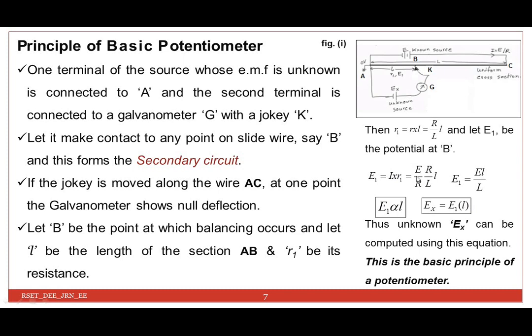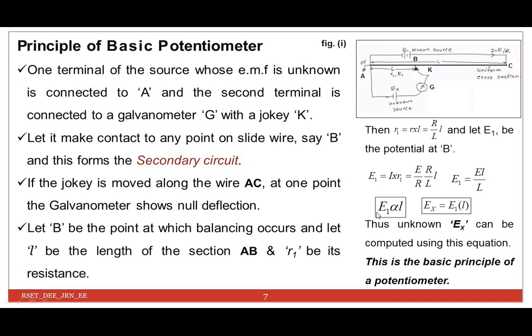Thus, R and R get cancelled. So, the expression for E1 is capital E divided by capital L into small l, where E stands for the known source, which is fixed, and capital L, the length of the slide wire, which is known to us. So, capital E and capital L are known to us.